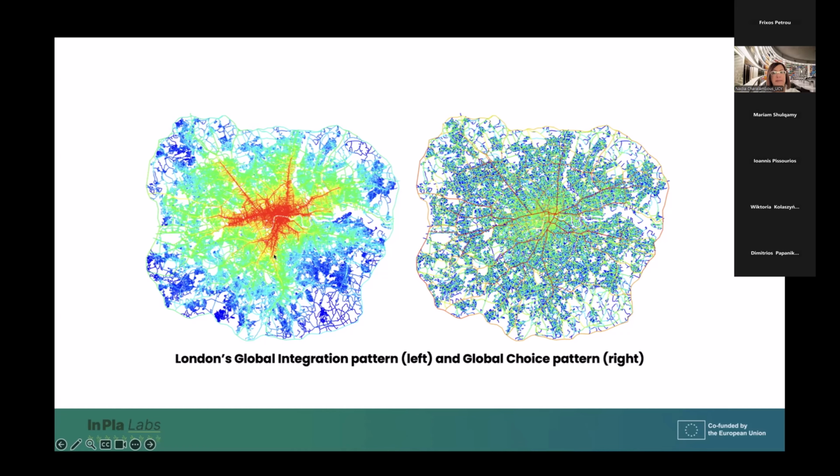And if we have high levels of movement and activity, we probably have higher social interaction. These are the reddish colors. So local integration has a radius of 3 steps in the system, while global integration is the integration of all nodes to all nodes in the system, to the whole city, let's say.